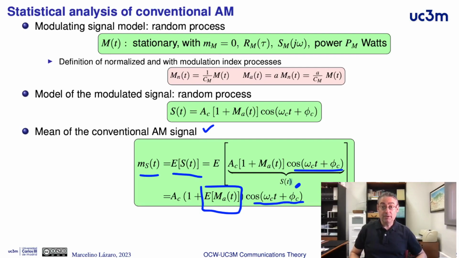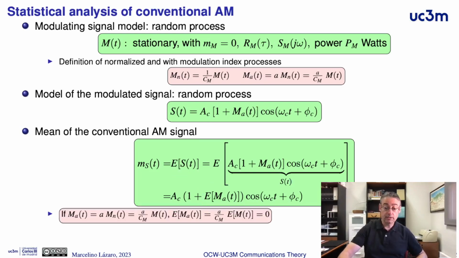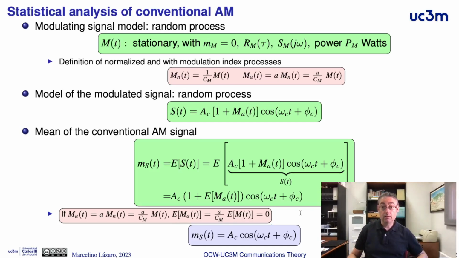The expected value of m_A, the mean of this random process, is 0 because the mean of the modulating process m(t) is 0, and therefore the mean of the conventional AM is equal to the carrier. This is the first result.